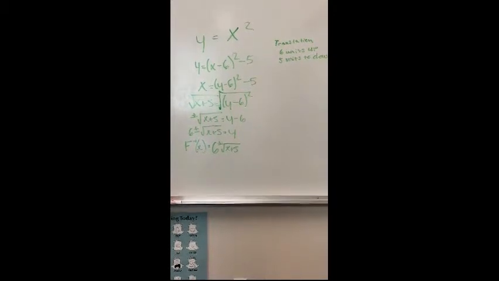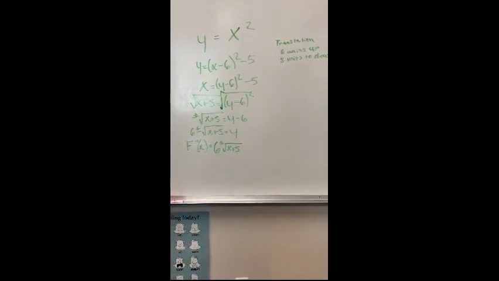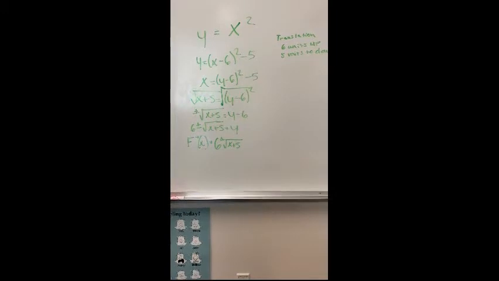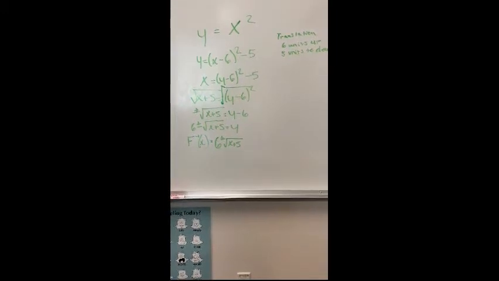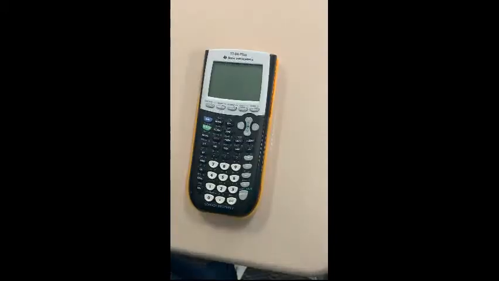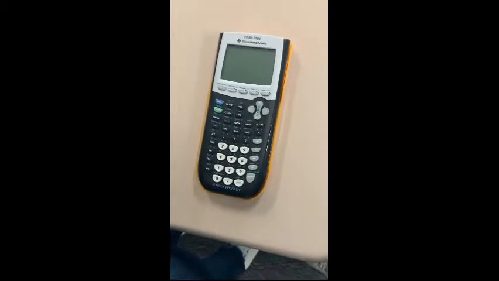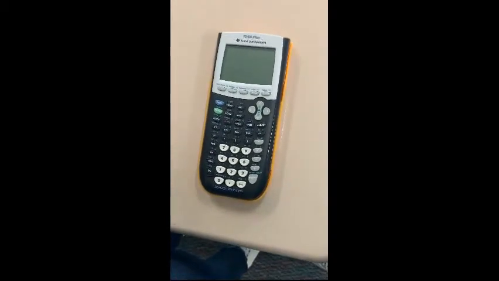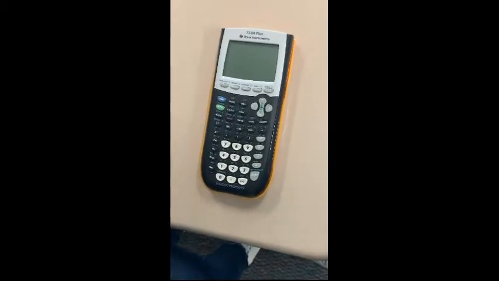Add 6 to both sides, and it would give you 6 plus or minus the square root of x plus 5 equals y, which could also be written as f inverse of x equals 6 plus or minus the square root of x plus 5. You can either graph your inverse function and your parent function by hand, or you could use a calculator.